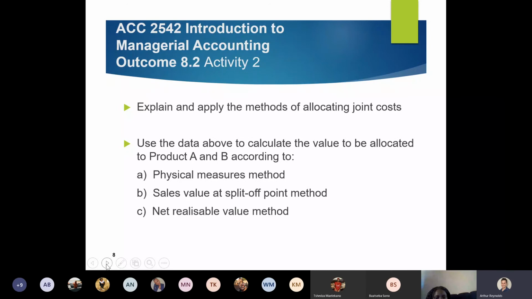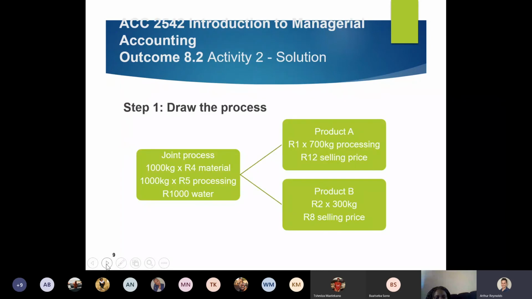Okay, so let's see how this works in practice. If we look at the diagram, you can see in the joint process, before we identify A and B, we've got 1,000 kilograms at 4 Rand material, and then 1,000 kilograms at 5 Rand for processing, and 1,000 Rand for water.